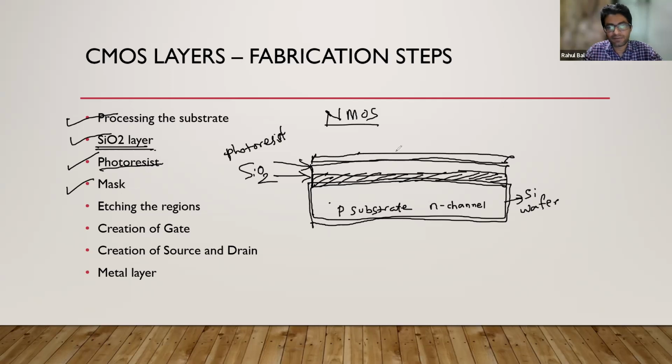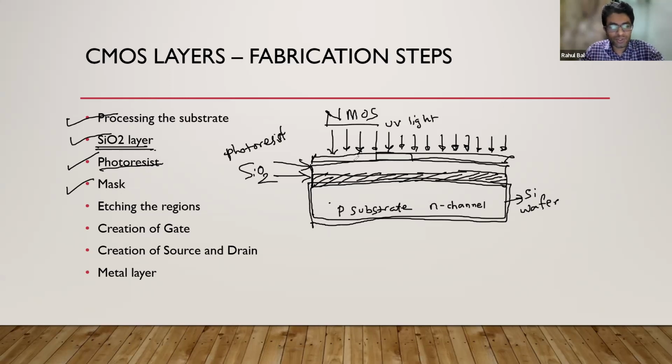Some design patterns will be there on this mask. And when UV light falls on that mask, so this is UV light. Let me finish this drawing first. Okay, so let's suppose this is UV light. It is falling on this.